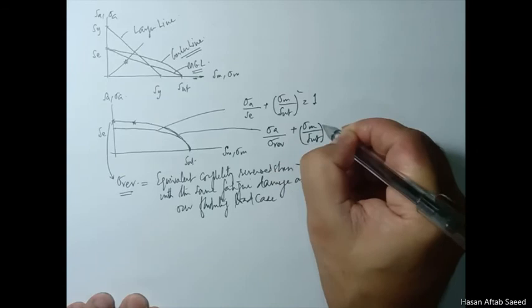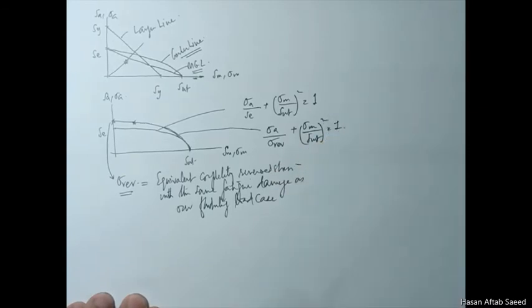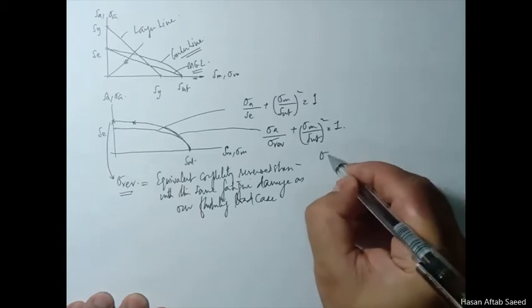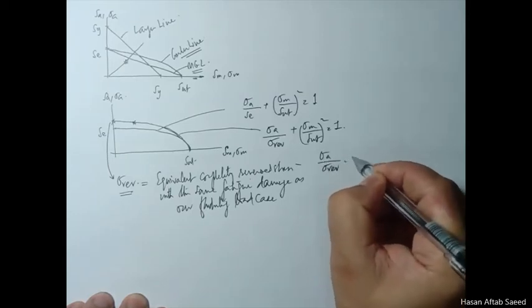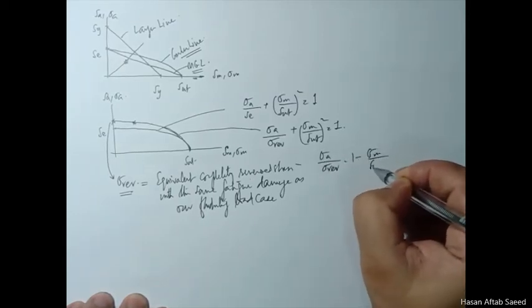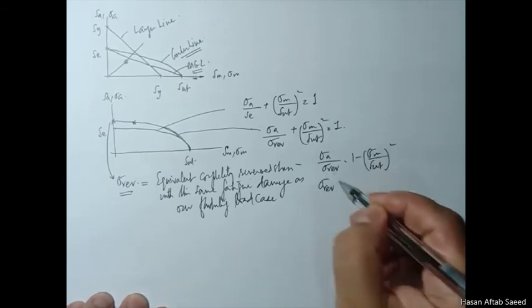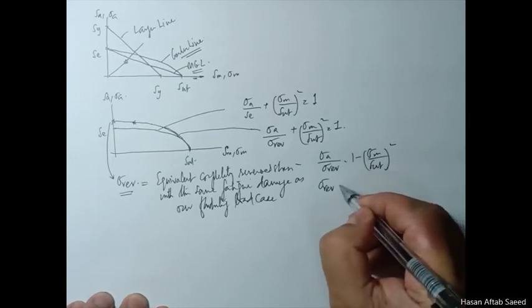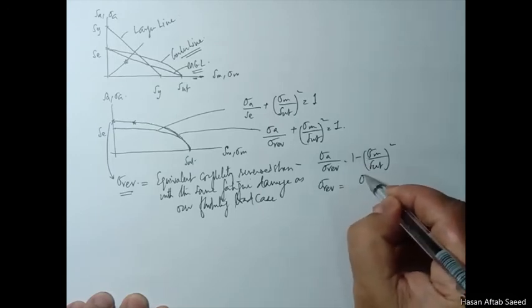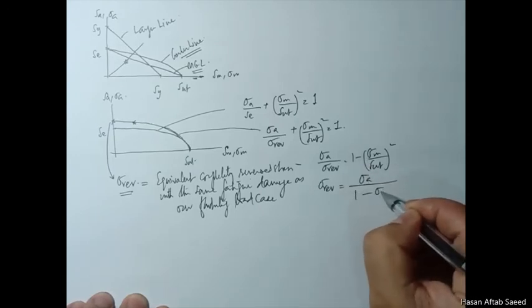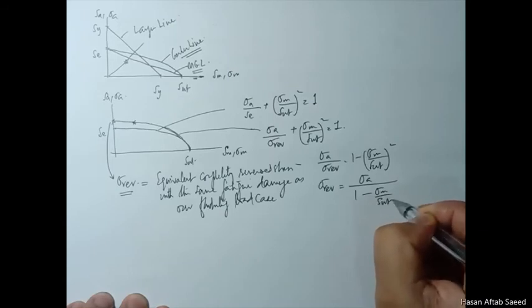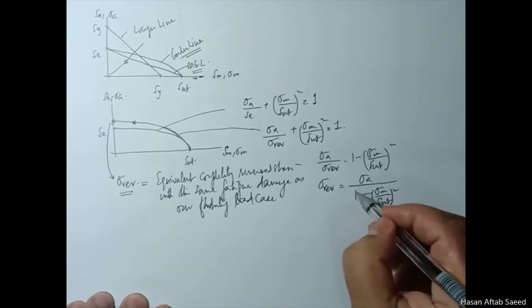SUT square. This is again a very familiar process. We have done this for the modified Goodman line. Sigma a over sigma rev is equal to 1 minus sigma m over SUT square. Sigma completely reversed is sigma a over 1 minus sigma m over SUT square.